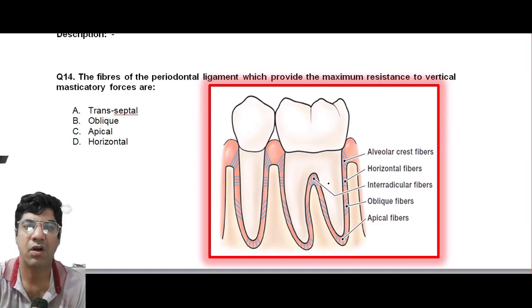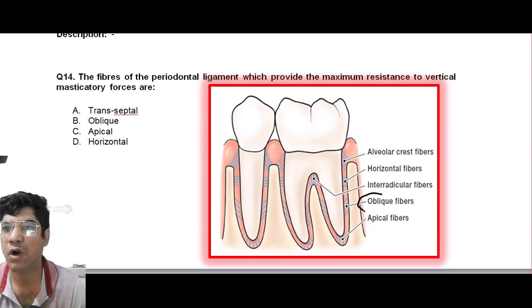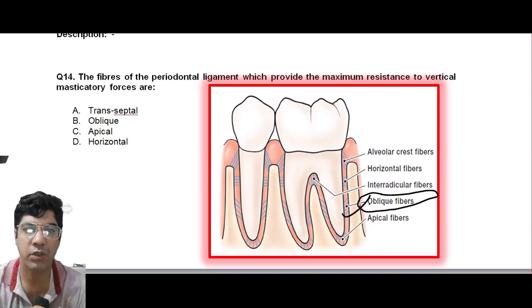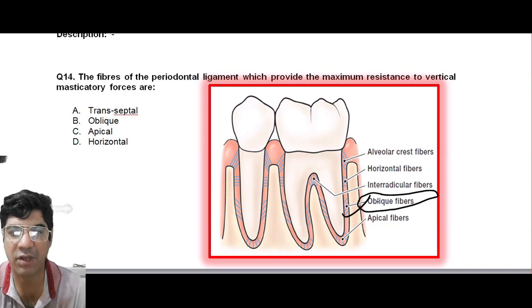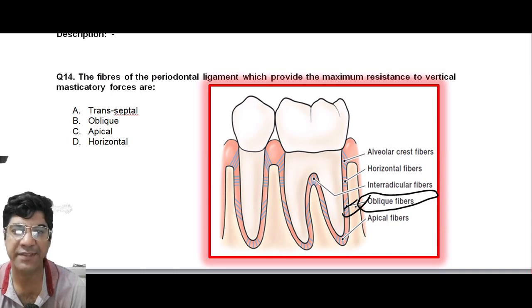The fibers of periodontal ligament that provide the maximum resistance to vertical masticatory forces are the oblique fibers. We have discussed that before too. So answer is oblique fibers. They run diagonally from cementum to the alveolar bone, so their diagonal orientation allows them to absorb and dissipate the vertical forces effectively.